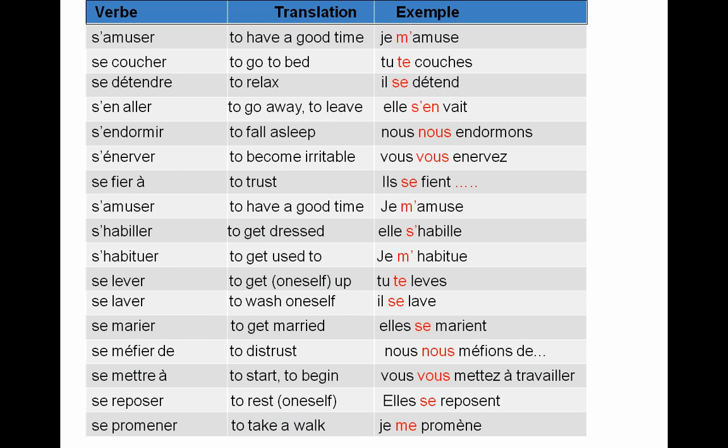So look at them and go back to this presentation anytime. Maybe print this page, have them in your head, practice them a little bit. The important thing is that you learn the table to match every subject with the pronom réfléchi. So like I said, je as me, tu as te, il as se, and so on and so forth. So you have to learn that.